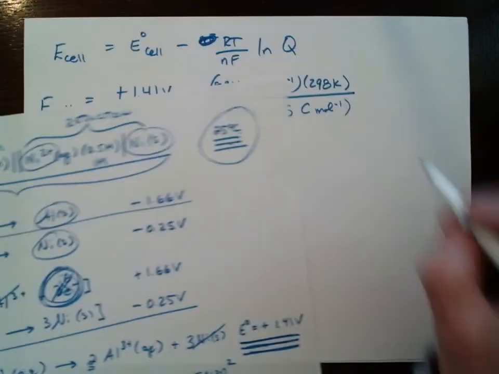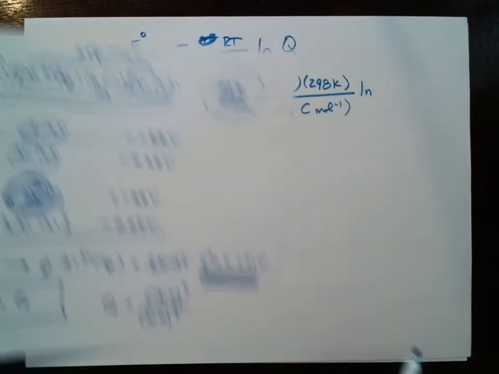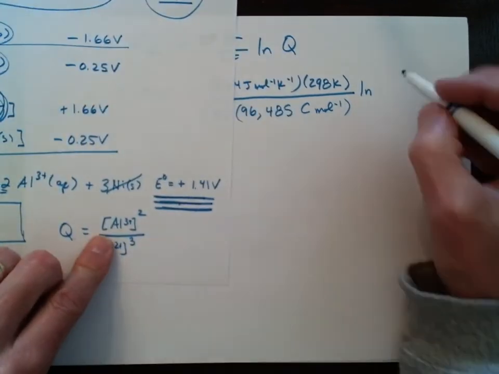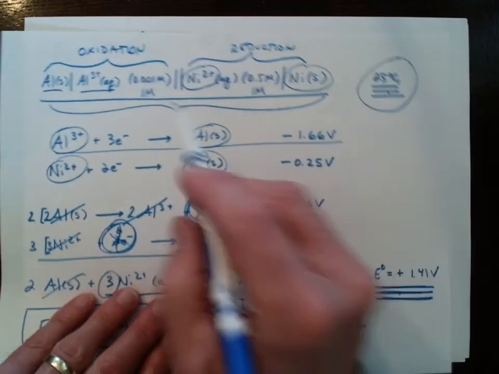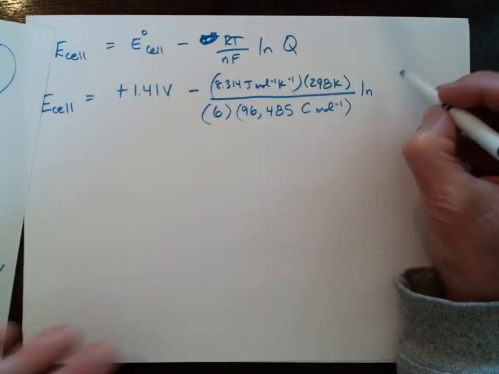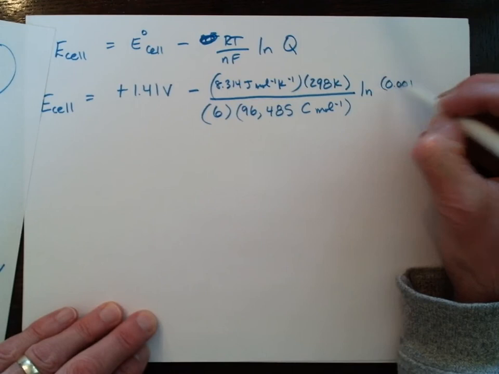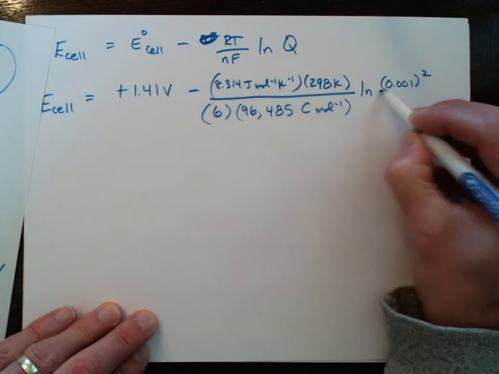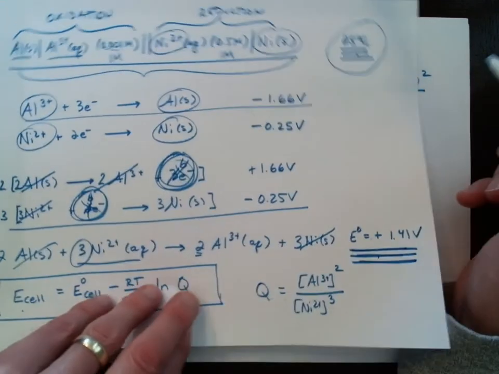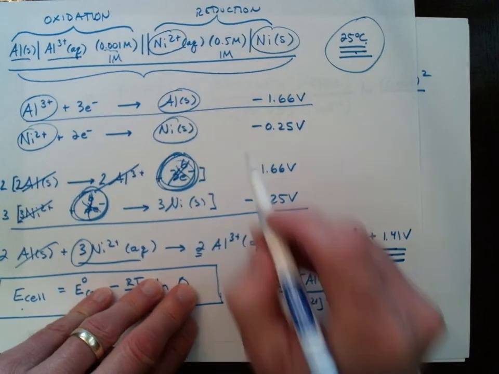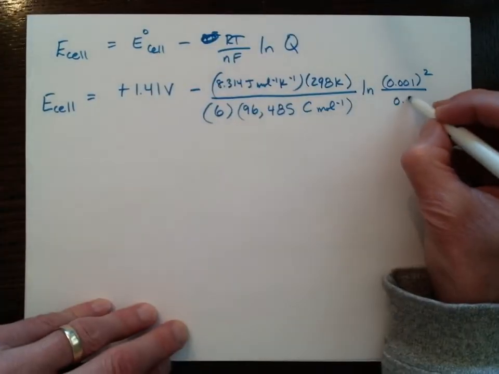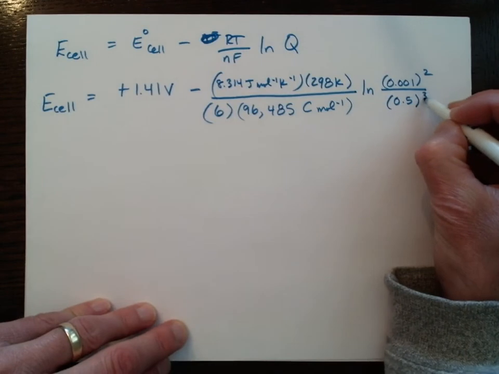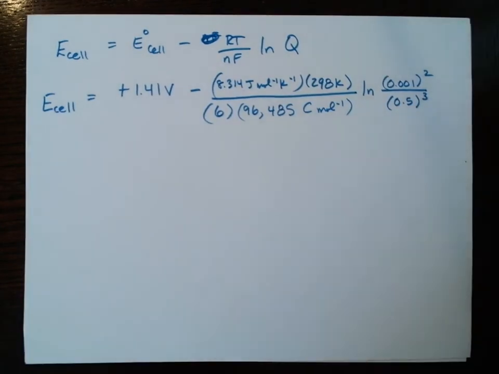And then I need to multiply that by the natural log of Q, which is the concentration of aluminum squared. So what's aluminum's concentration? 0.001 squared. And I'm going to divide that by the concentration of nickel cubed. What's that? 0.5 cubed. And I think everything is set. Let's do the math and find out.